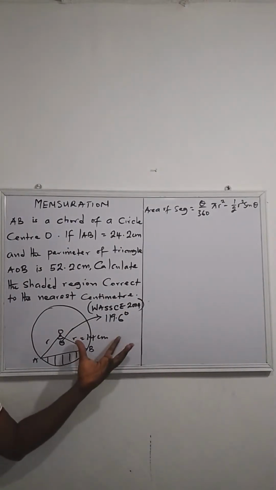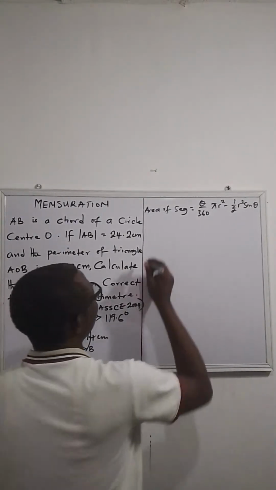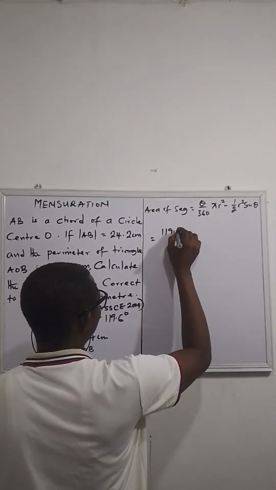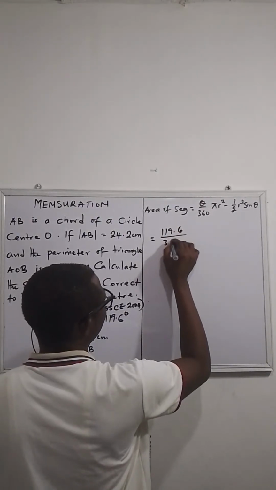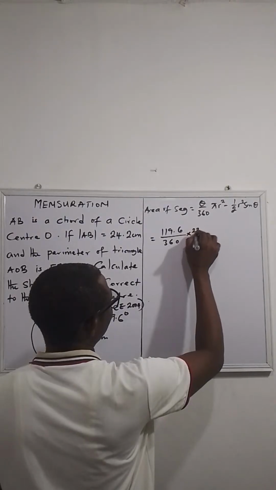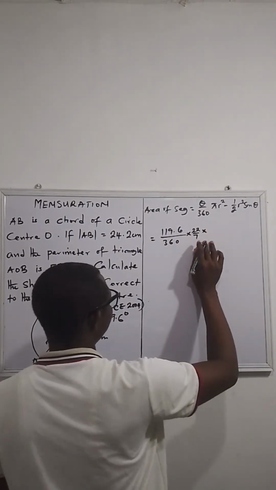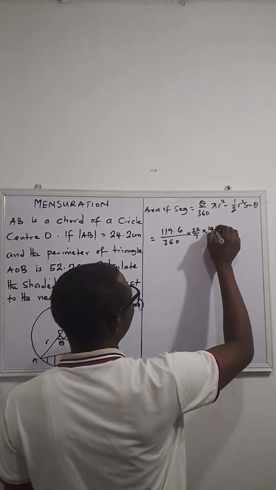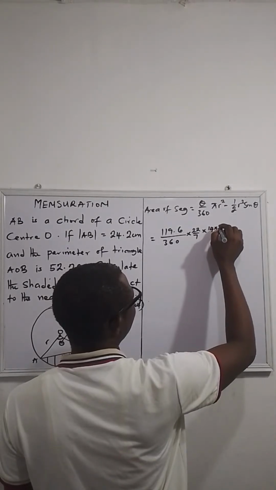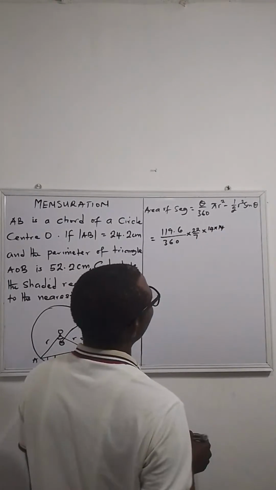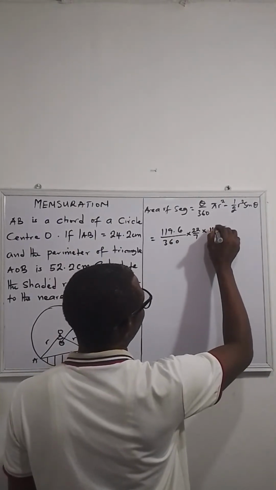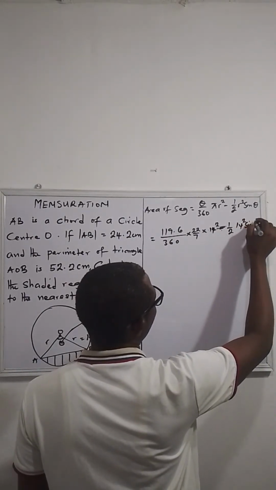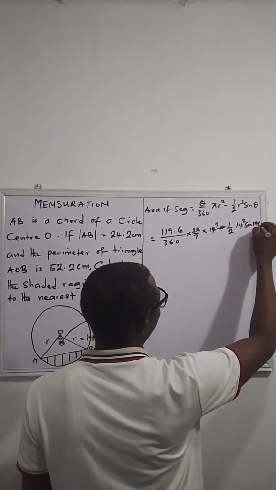Now can we input all these parameters and see what we're going to have? This is going to give us 119.6 over 360 times 22 over 7 times 14 squared, minus 1 over 2, 14 squared, sine 119.6.